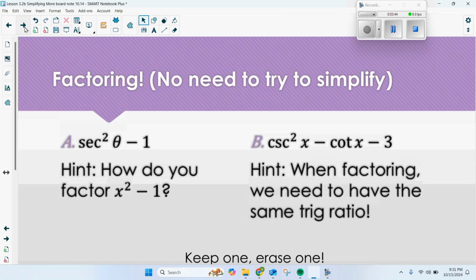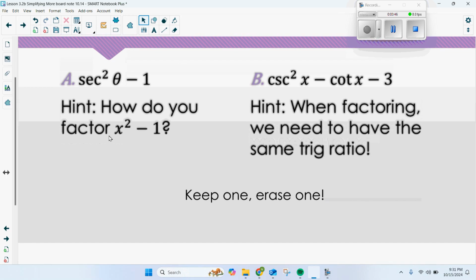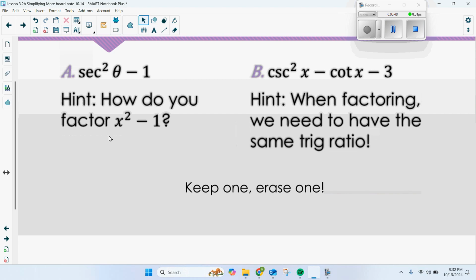Okay, so another strategy is actually to factor. And you probably saw this in your homework and you might have been like, what is happening? Because we didn't get to it. But my clue for these factoring ones is to for a moment pretend that the trig function is just an x. So you could rewrite this as x squared minus 1.